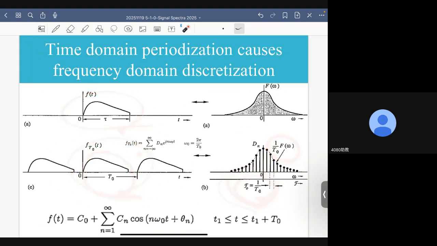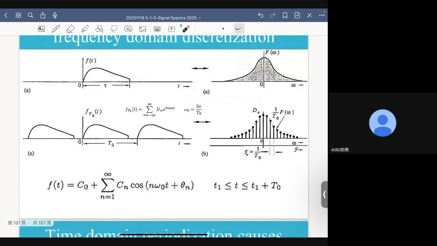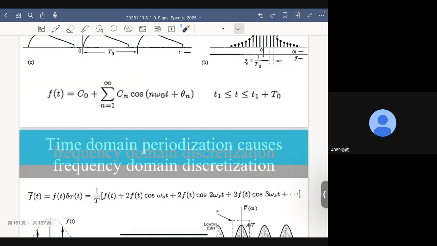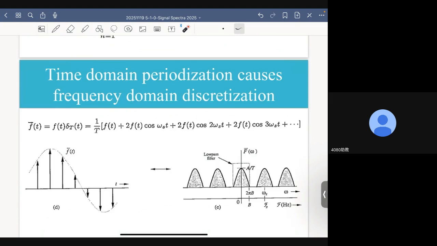So when I convert a signal from non-periodical into periodical, what I do is I discretize the spectrum. Sampling operation is the opposite. Sampling tells us if I discretize the signal, I periodicalize the spectrum. If I periodicalize the signal, I discretize the spectrum. So the operation is in the opposite direction, but pretty similar.